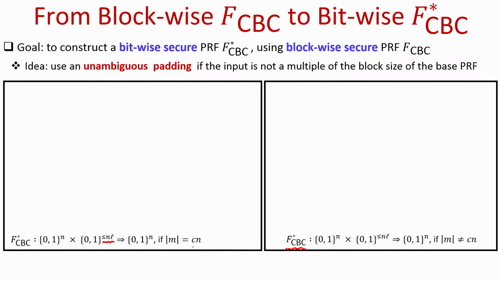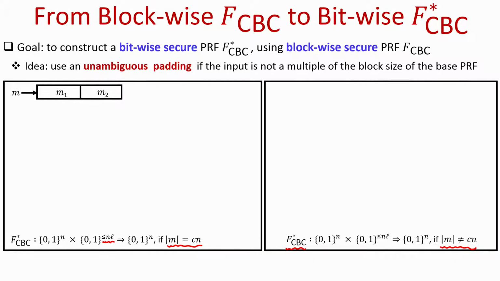So, remember I am assuming that the block size of my base PRF is n bits. So, case 1 is when the input size m is some constant times n, and case 2 is when the size of the input is not equal to any constant times n, that means it is not a multiple of n. So, depending upon the 2 cases we operate the so called PRF F star that we are interested to construct in 2 different ways.